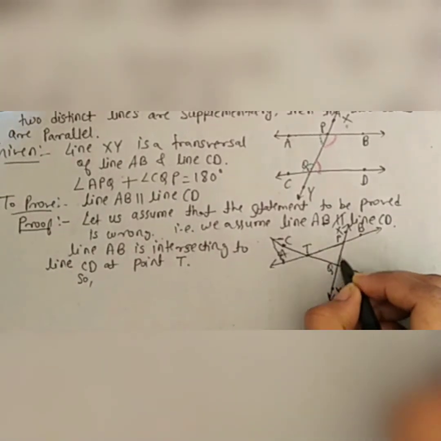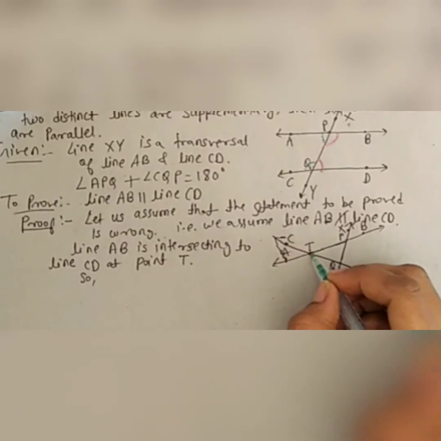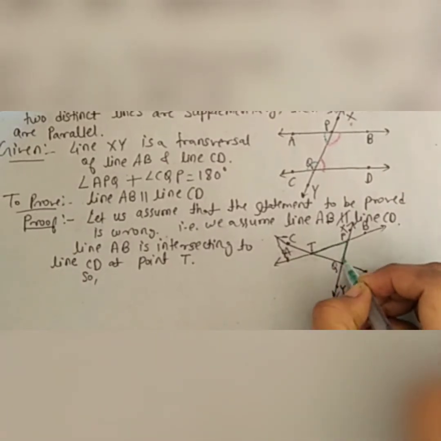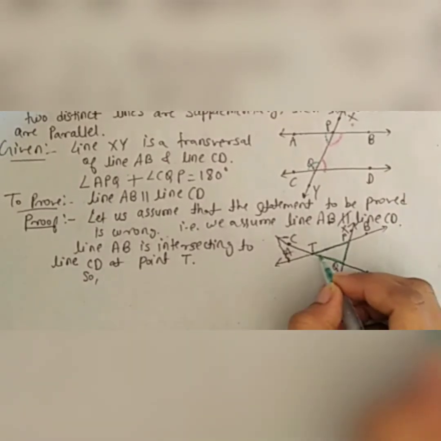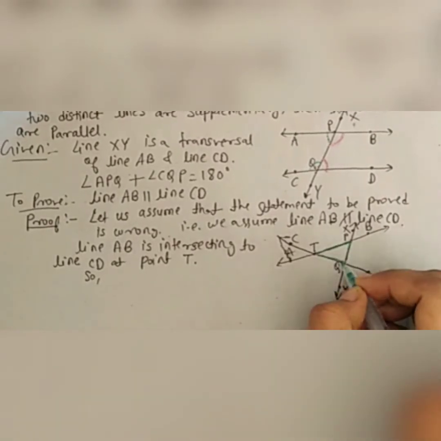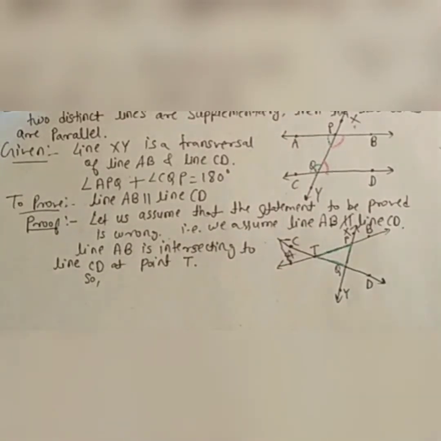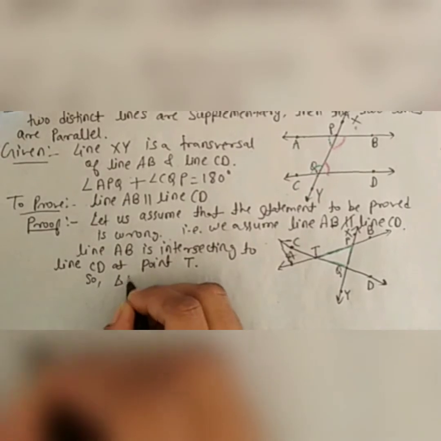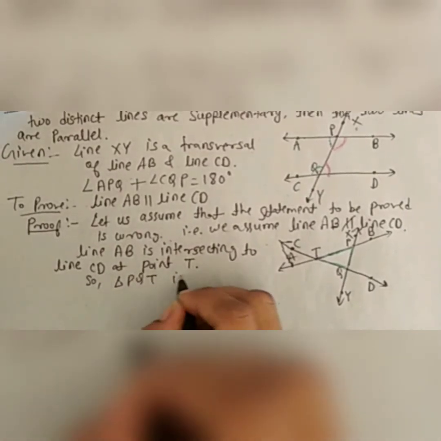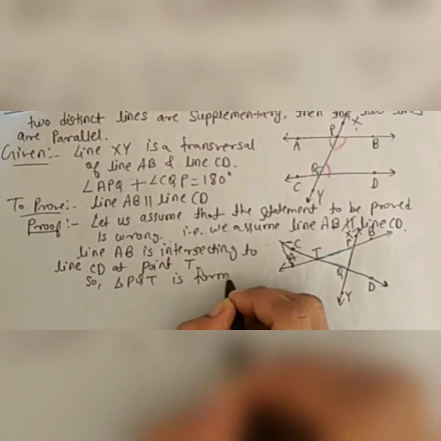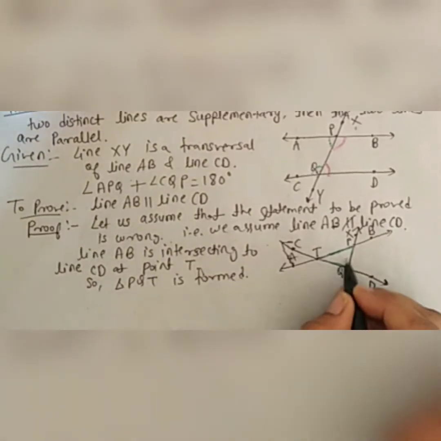So what is forming now? There is a triangle forming now. We can clearly see here, observe here, a triangle is forming. So triangle PQT is formed. And what do we know about a triangle?